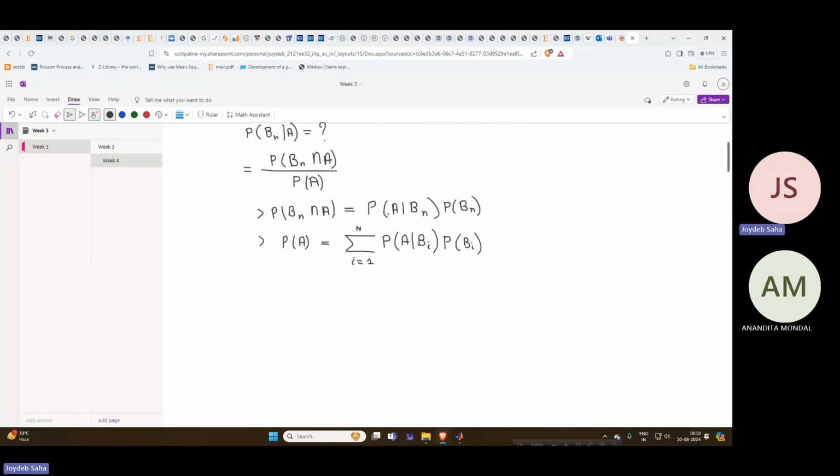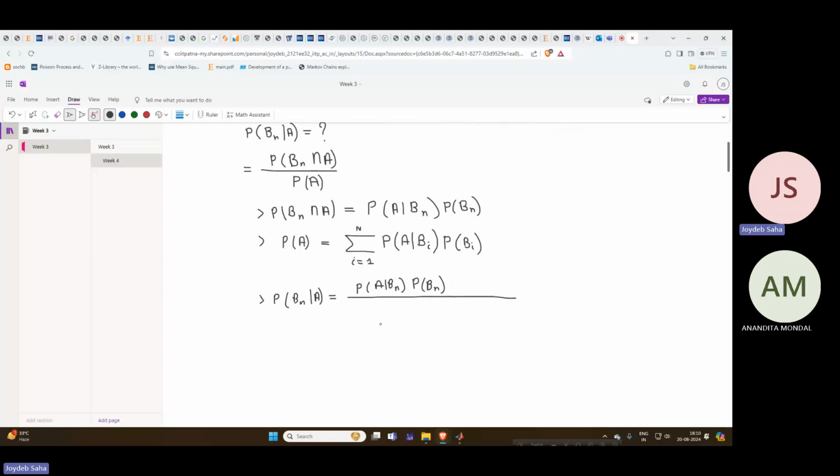So from these two expressions, we can say probability of Bn upon A is equal to probability of A upon Bn into probability of Bn, divided by this. And what will be divided by this?